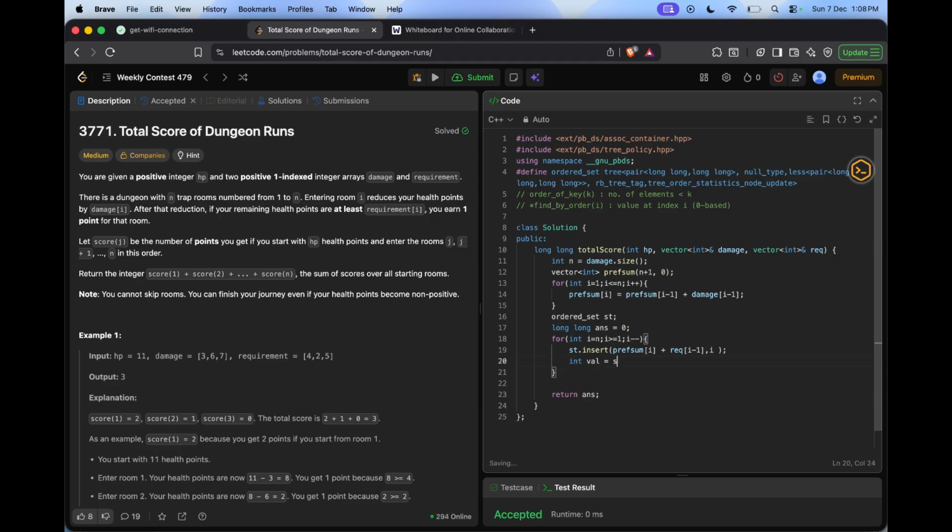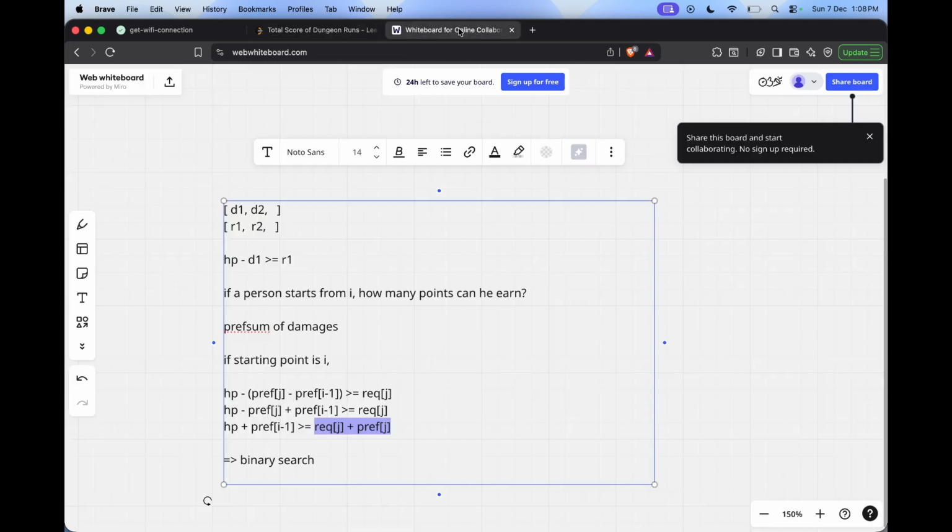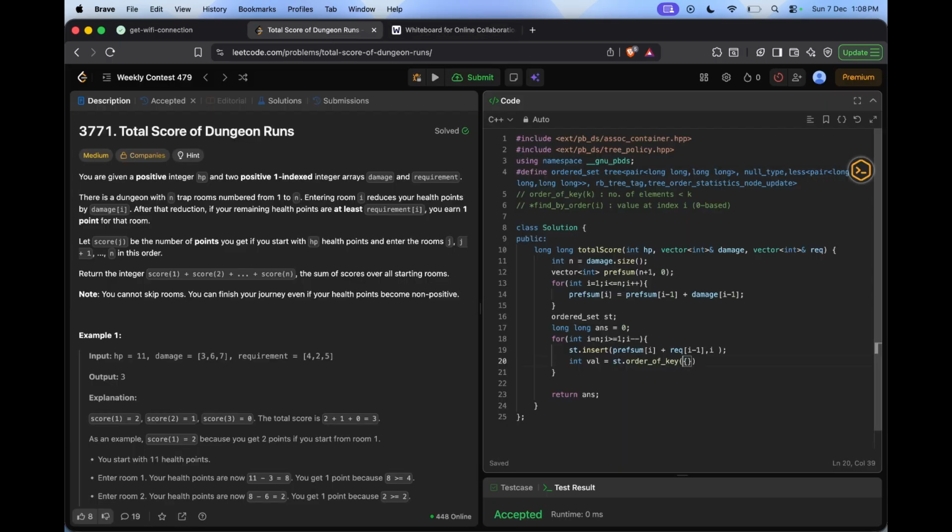Now calculate the term we needed, order of key. What was the term we calculated? Prefix at I minus 1 plus HP. And insert int max. Why?